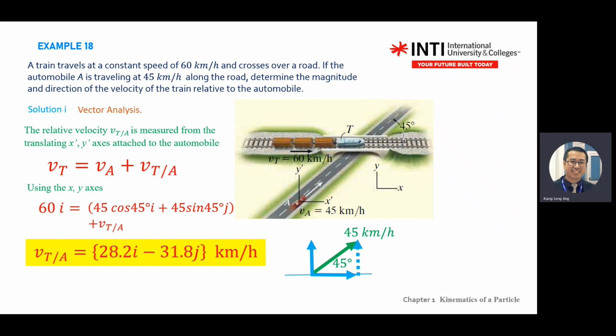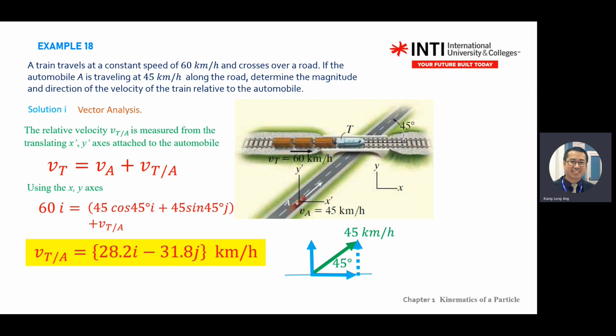Can you understand what I'm trying to say? Nico, do you understand what I mean by positive i? If you draw the vector, this is the x direction, and you draw 28.2i. This is your y-axis.